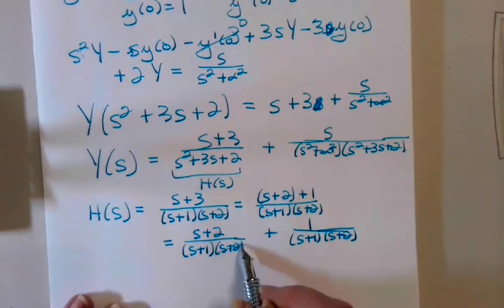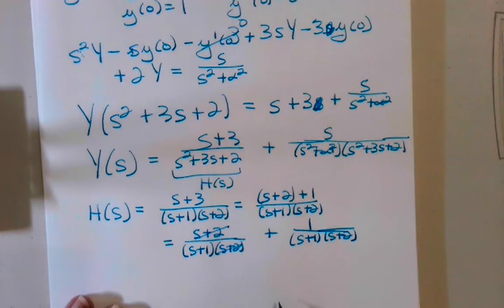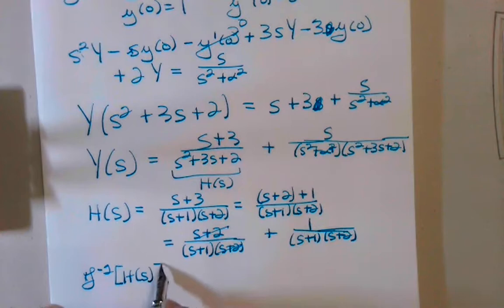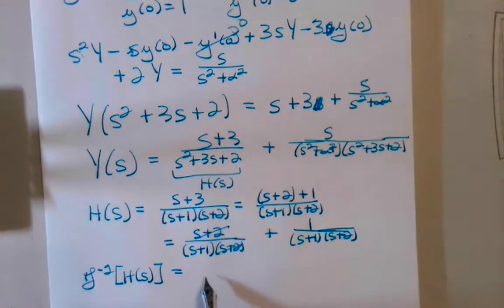So these two cancel. And now if you invert 1 over S plus 1 using your Laplace transform tables, you will get e to the minus t.